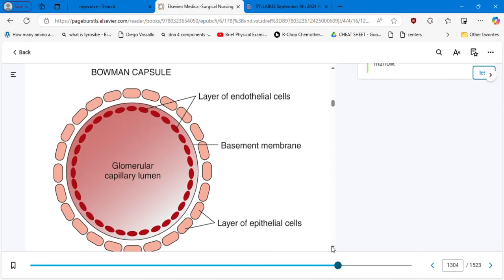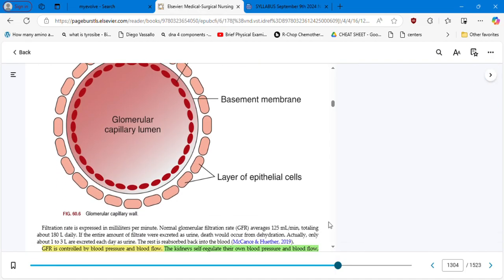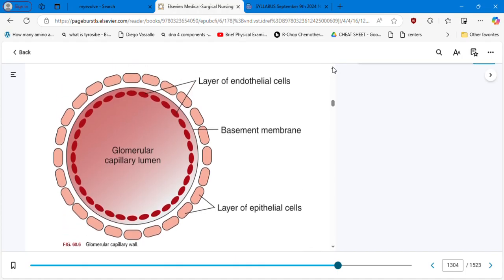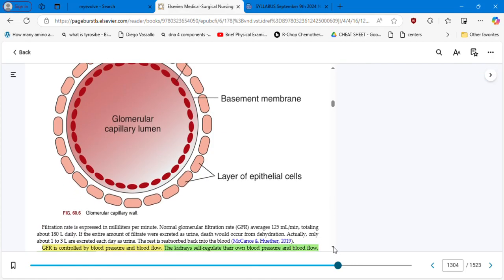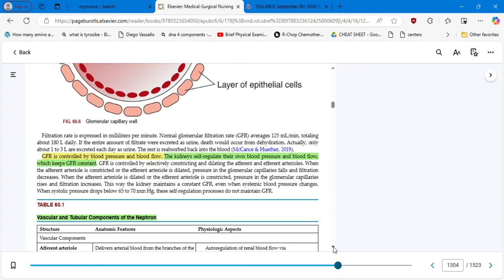Here we have the diagram of the glomerular capillary wall. So you have the Bowman capsule. Glomerular filtration rate is controlled by blood pressure and blood flow. The kidneys self-regulate their own blood pressure and blood flow, which keeps glomerular filtration rate constant.